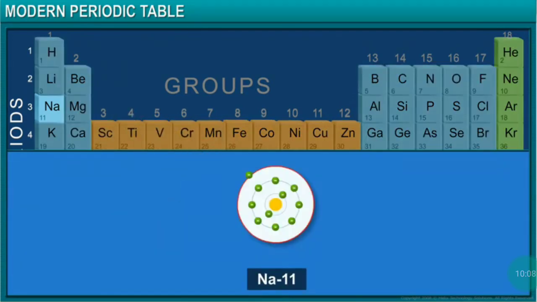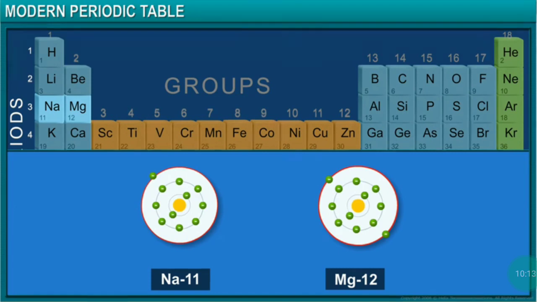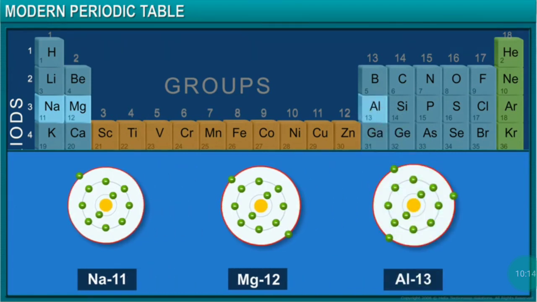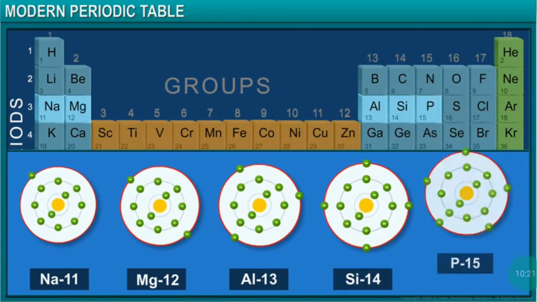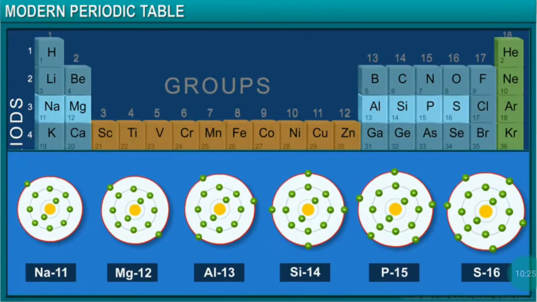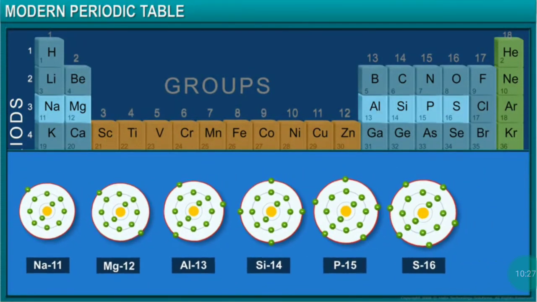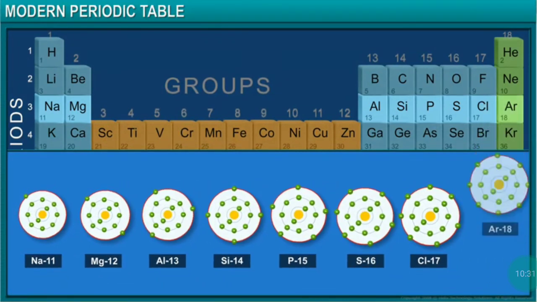For example, sodium, magnesium, aluminum, silicon, phosphorus, sulfur, chlorine, and argon belong to the third period.